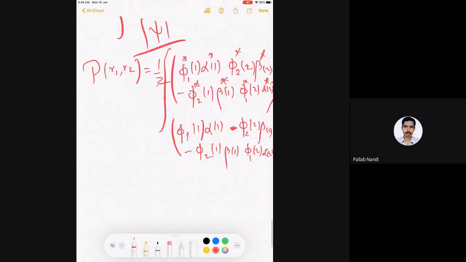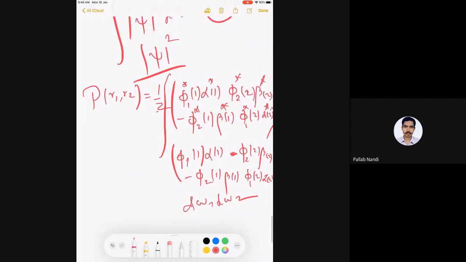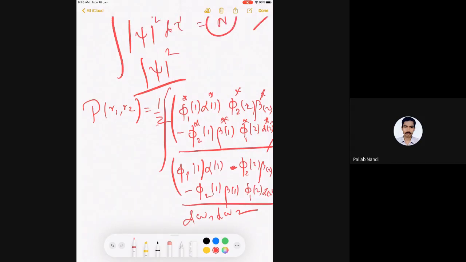And then I integrate over d omega 1, d omega 2. So try to understand what I've done. I have taken psi star, I have taken psi. I'm integrating over only the spin coordinates of electrons 1 and 2. So what I will get is a probability density involving the electrons' spatial coordinates R1 and R2. Is it clear to all?